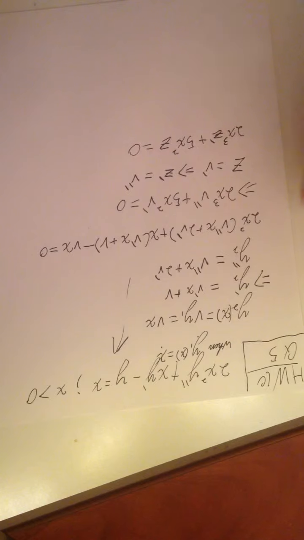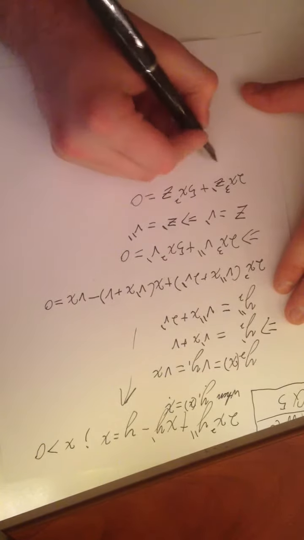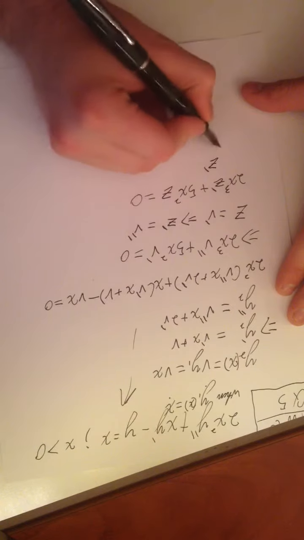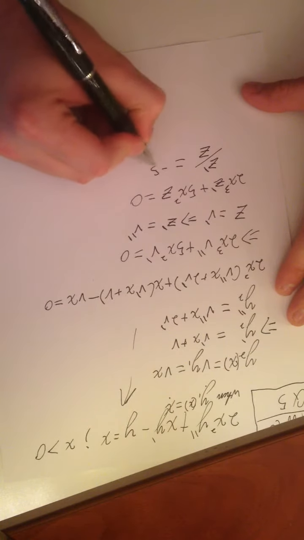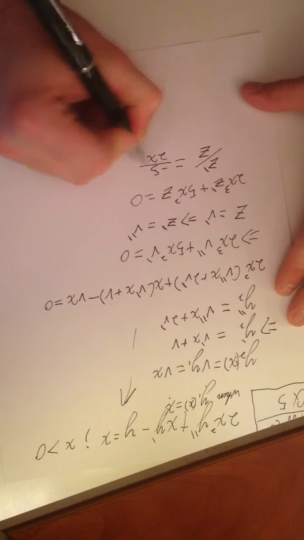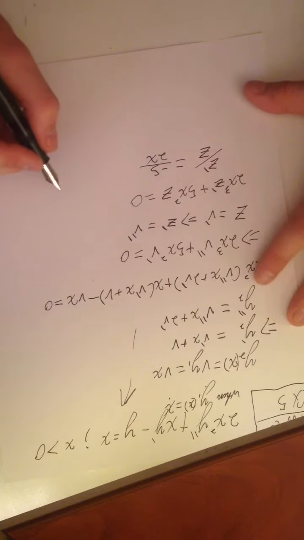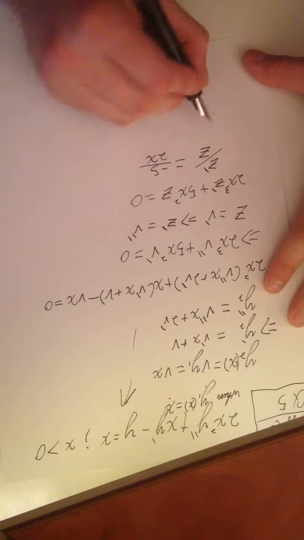Now we can do variable separable with this. Simplifying it out, we are going to get z prime over z is equal to negative 5 over 2x. Now we need to integrate it.